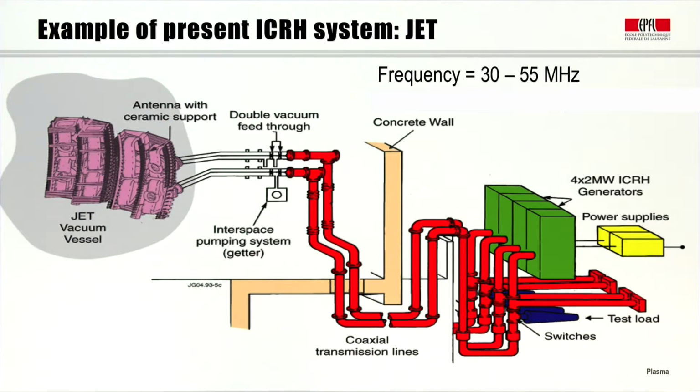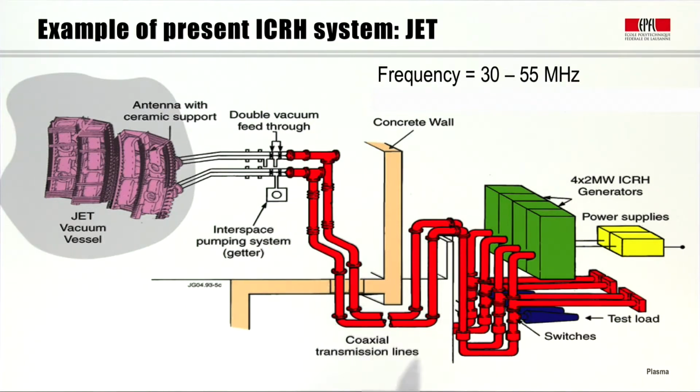You've seen the antenna systems in JET. Let's take a look at the whole system. Going back from the antenna, which is of course installed in the vacuum vessel, you can even see the 2 straps more easily here, because they are sketched without the Faraday screen. There is a vacuum feedthrough.